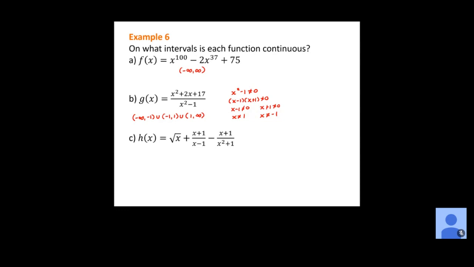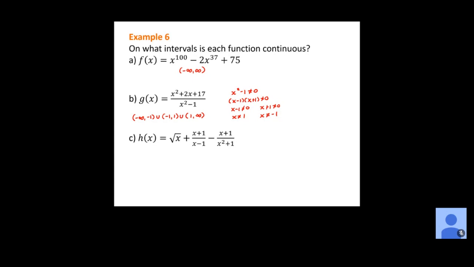How would we find where this is continuous then? All right, good. So we need to find the discontinuities of each of our terms here, or each of the function pieces.